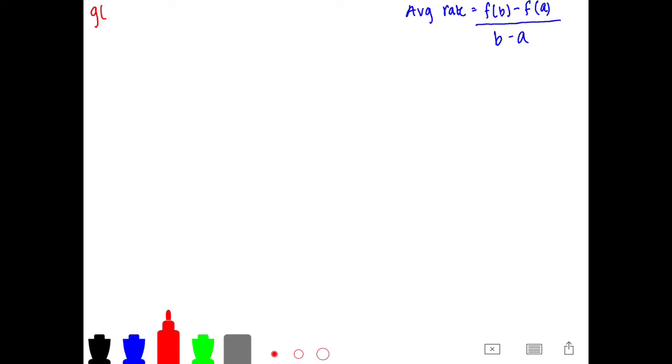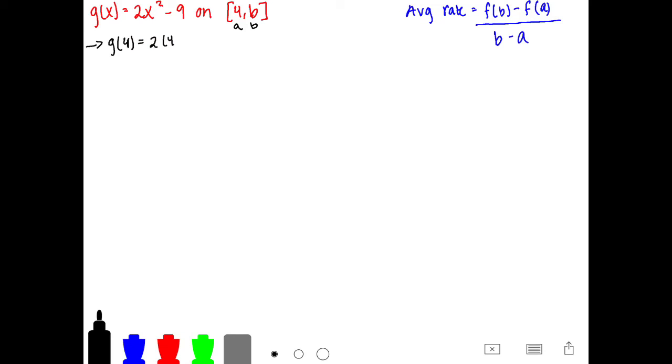Our next problem, we have g of x equals 2x squared minus 9 on 4, b. So first, I'm going to label my a and b really quick. And then we're going to start off by plugging in our 4. So then we have 2 times 4 squared minus 9.